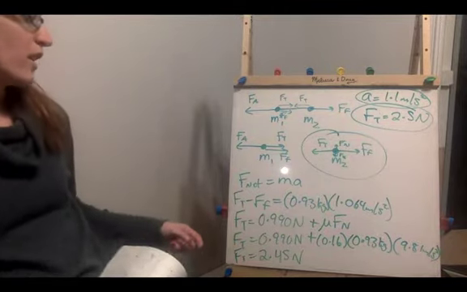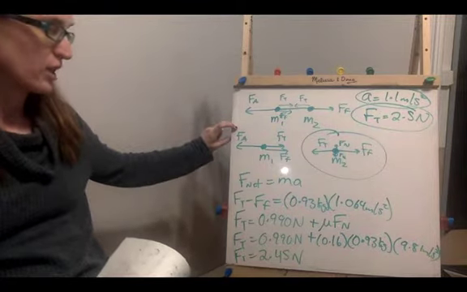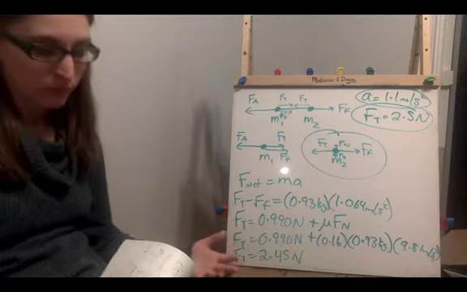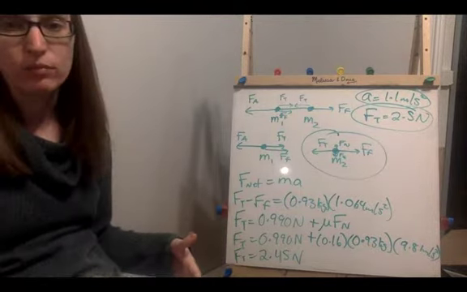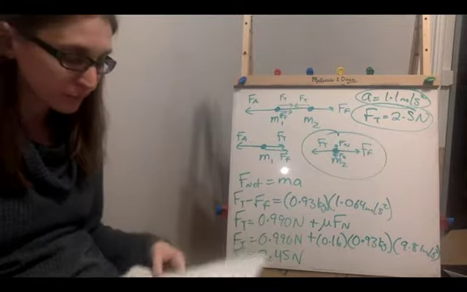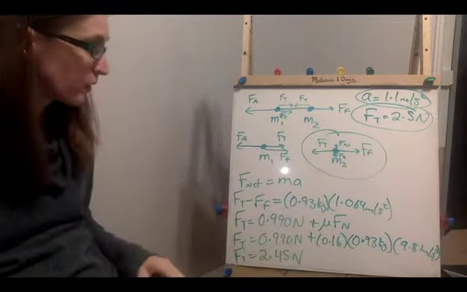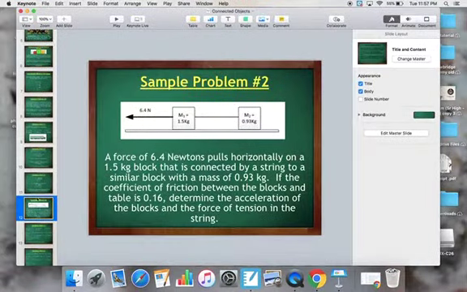And you would have had to calculate your force of friction for that mass. You would have had to include that applied force in it, and then being able to solve your force of tension, you get the same answer, okay? I just don't necessarily want to waste more time in the video going over that, okay? But if you would like to see it, just let me know and I'll show it to you. Okay, so that's that example done.